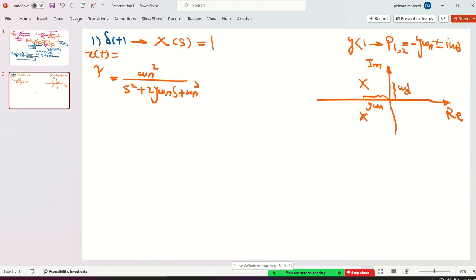But you have two poles, so obviously you can write it as omega n square over (s plus p1)(s plus p2), because I defined p as these poles.